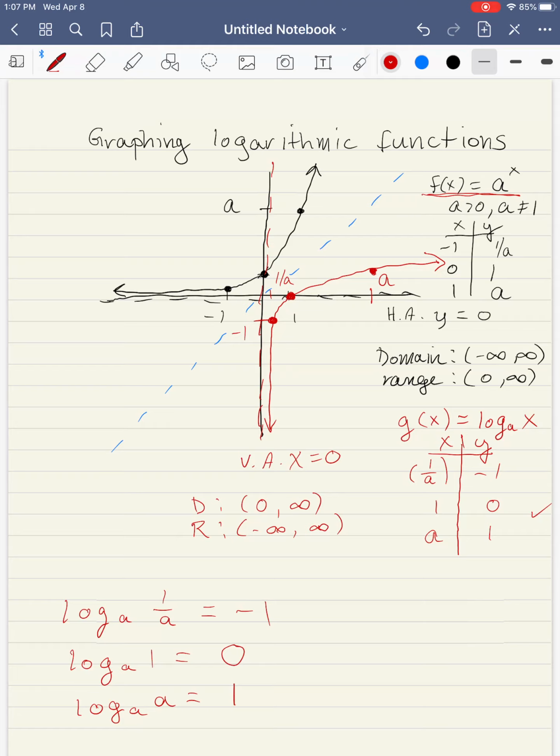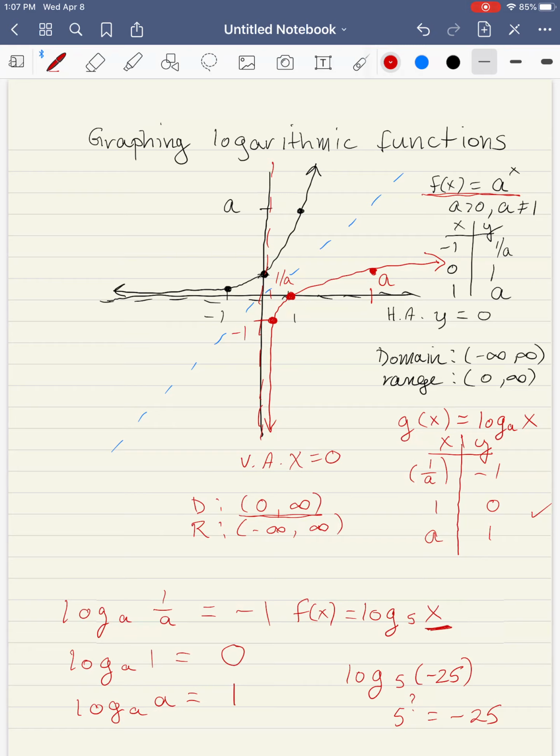Let's talk about the domain 0 to infinity for a minute. What that's telling me is if I have any basic logarithmic function, let's say I have logarithm base 5 of x is my function. The x's that I can plug in have to be positive numbers. Let's see what I mean here. If I say logarithm base 5 of, say, -25, I'm saying 5 to what power equals -25?